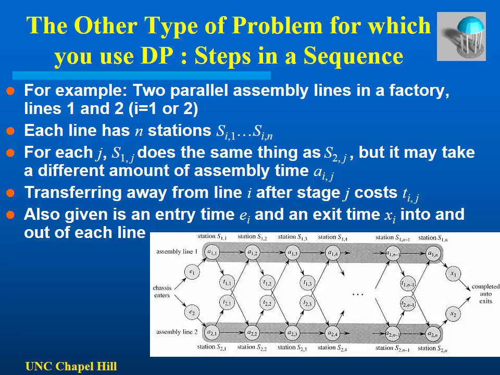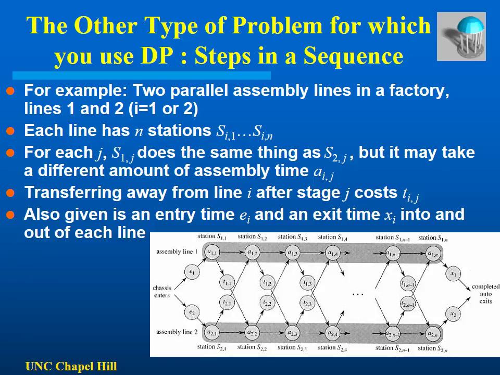And if we transfer away from it after stage j, we're going to move from stage j to stage j plus 1 and switch lines from i equals 1 to i equals 2, or from i equals 2 to i equals 1, and we'll let the switch times be t sub ij.